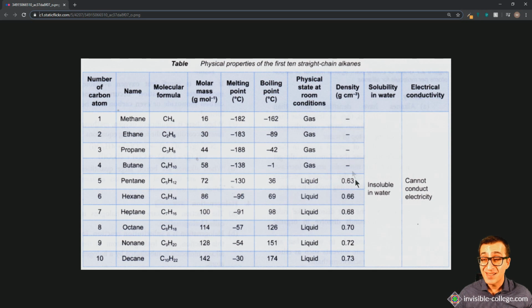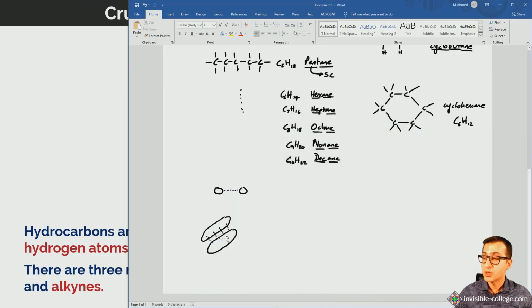Also, the larger the molecules get, the greater the amount of mass there is per molecule, and therefore the greater the density is going to be of that substance, density being the amount of mass per unit of volume. And so typically, as we get to the liquid alkanes, the larger ones tend to be more dense, and this in turn means that they are more viscous. They are thicker liquids the larger the molecules get.